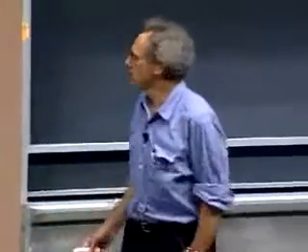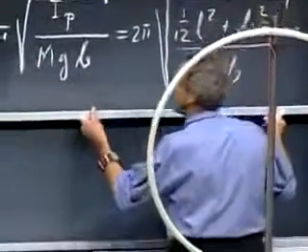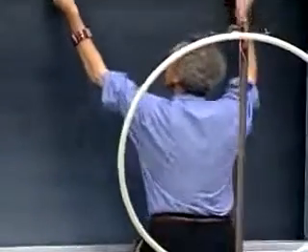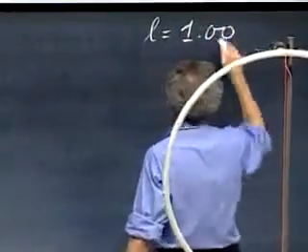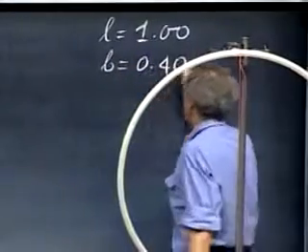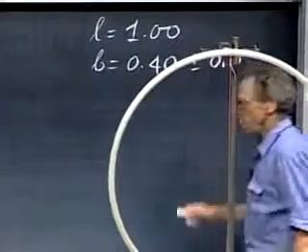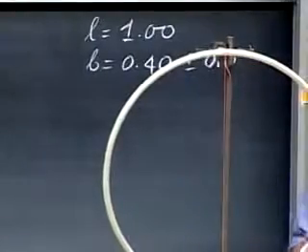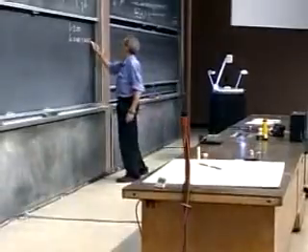In our case, it is an exact meter stick. So L equals 1.00, and b equals, it's about 40 centimeters, but we could be off by something like maybe 2 millimeters. It's not so easy to get that hole in precisely.